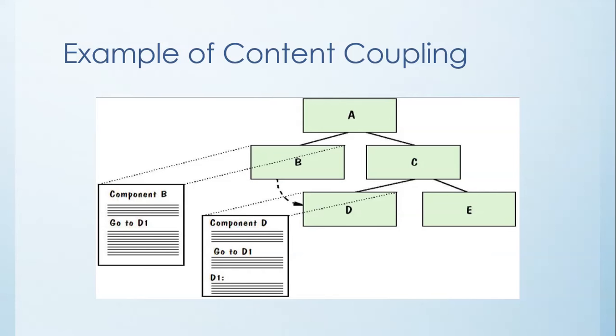Imagine you're writing one routine called routine B, and in the middle of that routine you have a go-to statement that goes to another routine, routine D, which performs some code and then probably branches back with another go-to back to routine B. This means that if for some reason a designer decided to change component D, component B's operation would change drastically, because B no longer has control over that change.